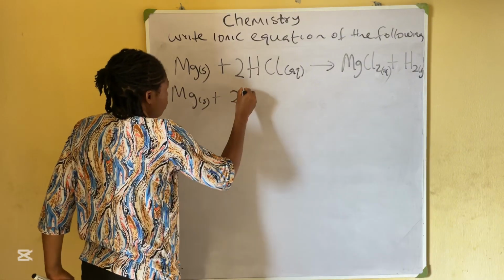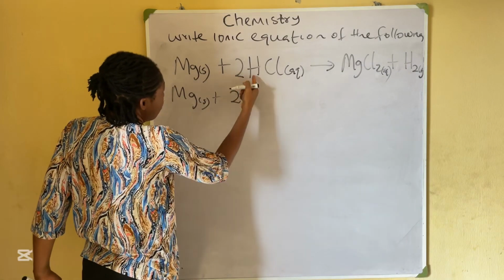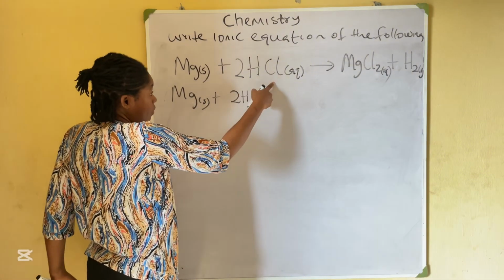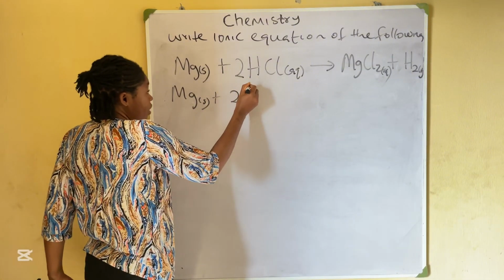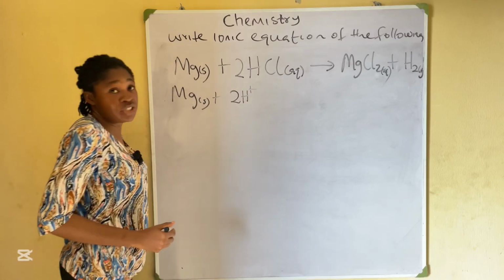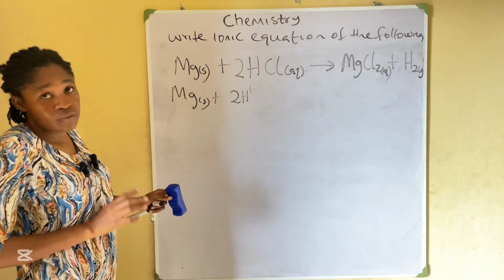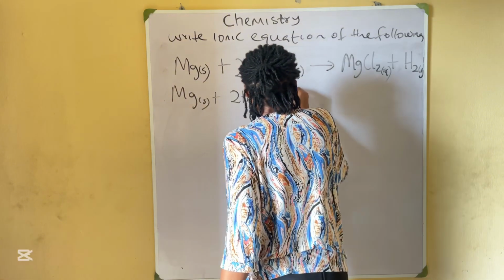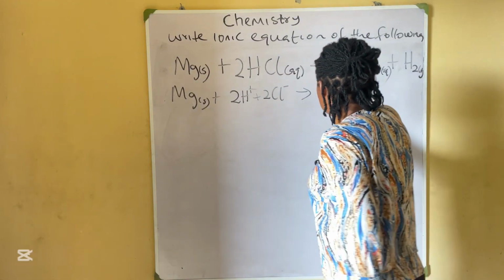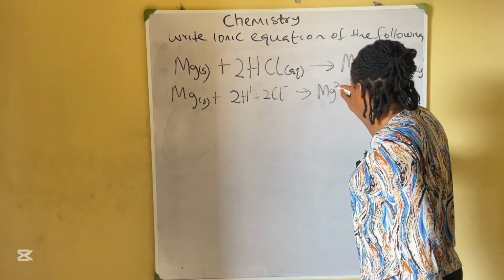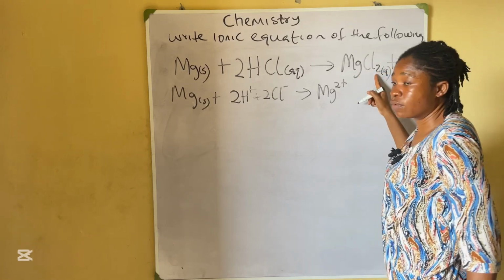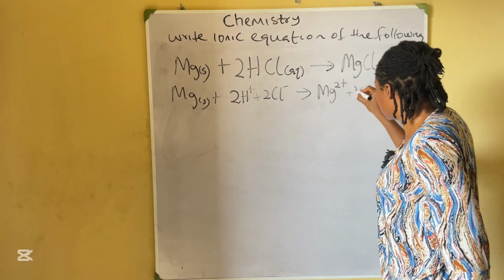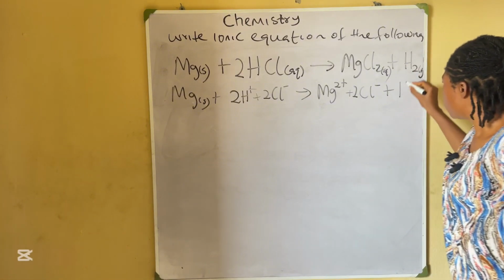So I have 2 moles of hydrogen chloride, which means if I break it up, 2 moles of hydrogen ion and 2 moles of chloride ion. So magnesium, what kind of magnesium? Mg2+. I have 2 atoms of chlorine. Chloride is Cl minus, but 2 atoms of chlorine as a gas will not be broken up.